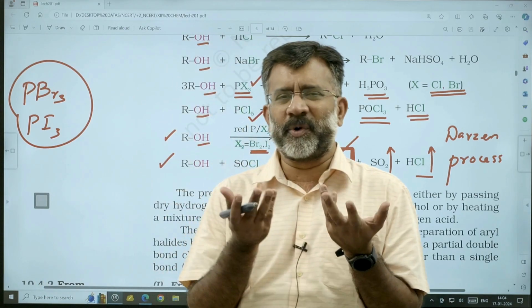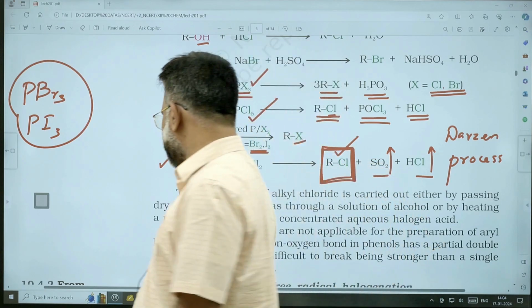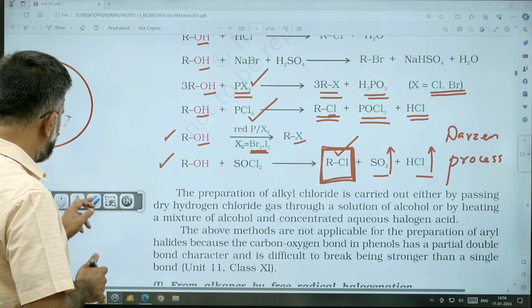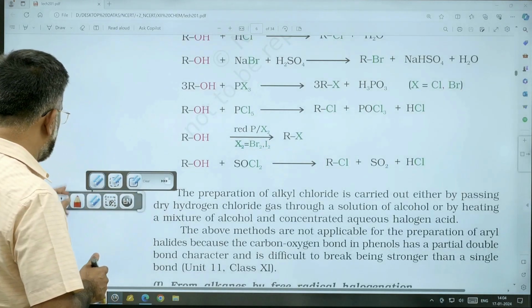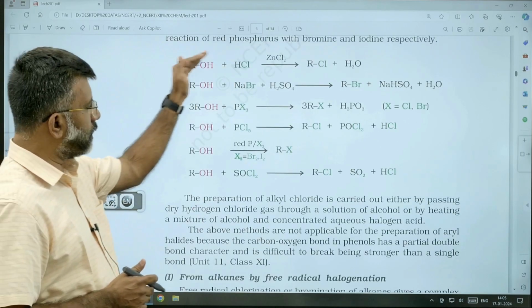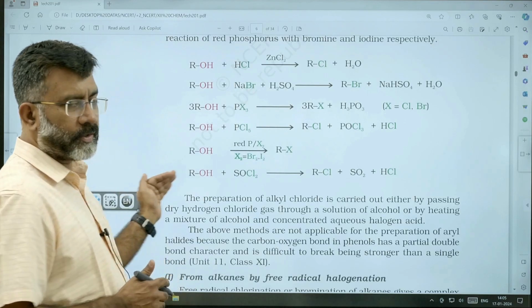Many of you know why the reaction is not available. That is the sequence of reactions available for preparation of alkyl halides from alcohols. Let me remind you: number one, reaction with HCl, reaction with NaBr and sulfuric acid, and reaction with HBr.